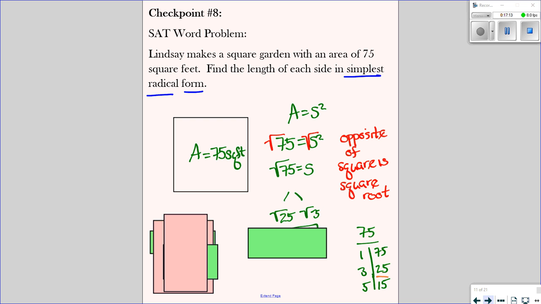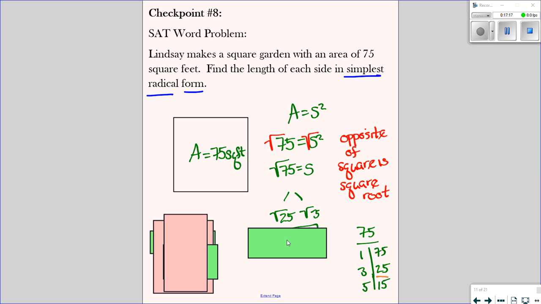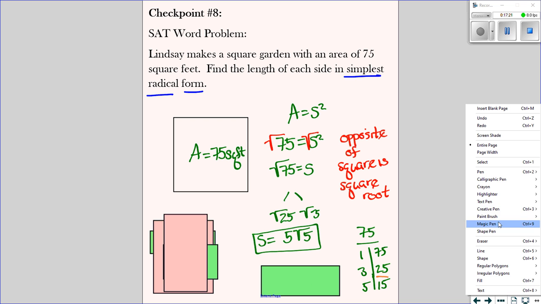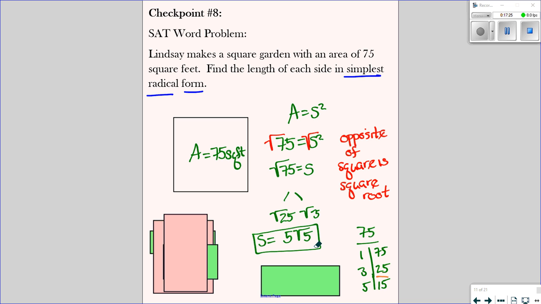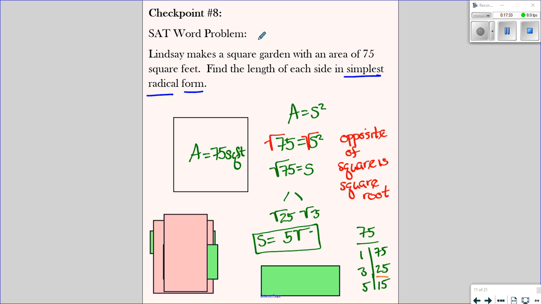The next thing, you know that 25 gives you a perfect square of 5. And then that should be 3. I made a mistake with that. I know it was 3, but I must have written too fast. So let me change that to 3. And there you go. So it's 5 square root of 3, and that is the side for the square.